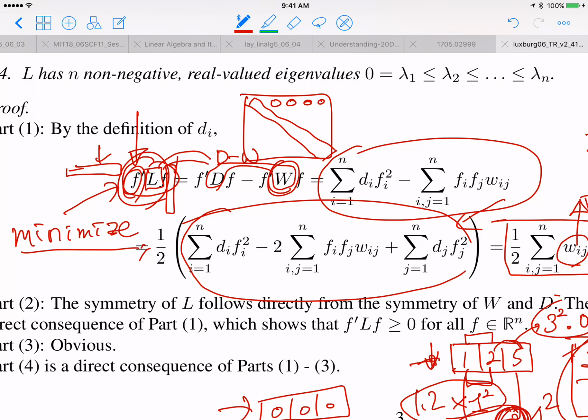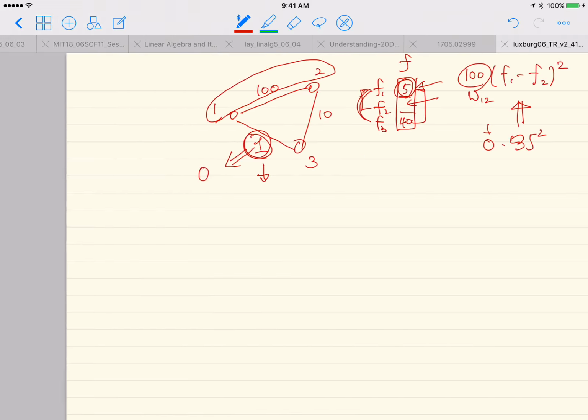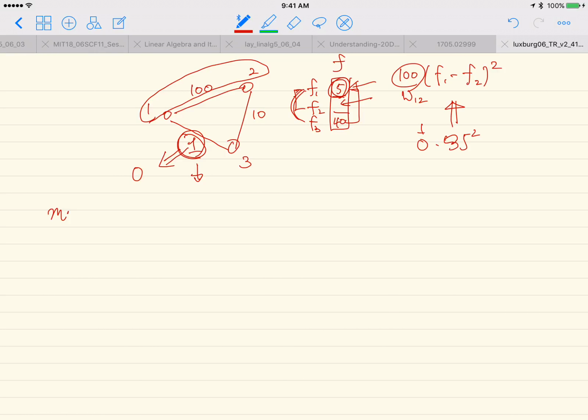Using this kind of intuition, we will now incorporate the mathematical notions of eigenvalue and eigenvector. For this minimization problem, L should be some square matrix.